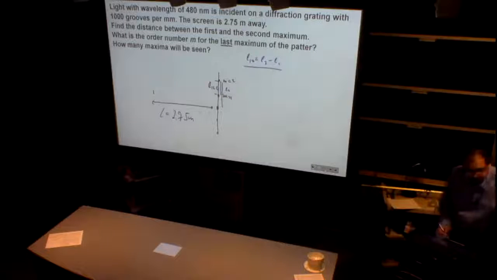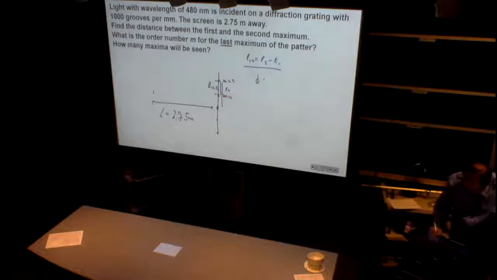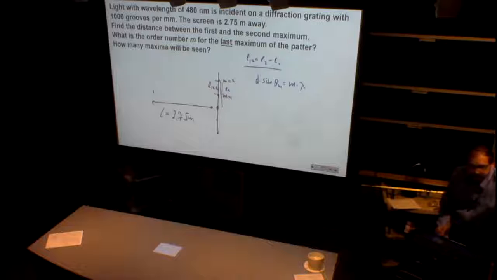For each maximum, we can write this equation. The condition for the maximum number m: d sine theta m equals m times wavelength. What do we have to do? We have to use it twice.